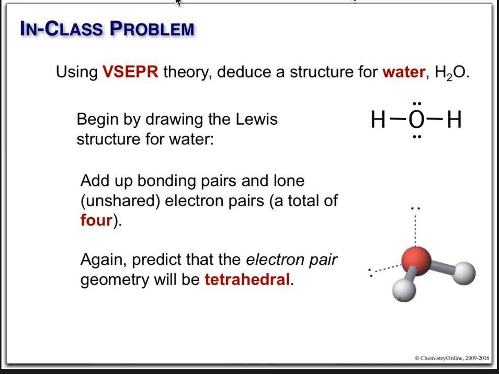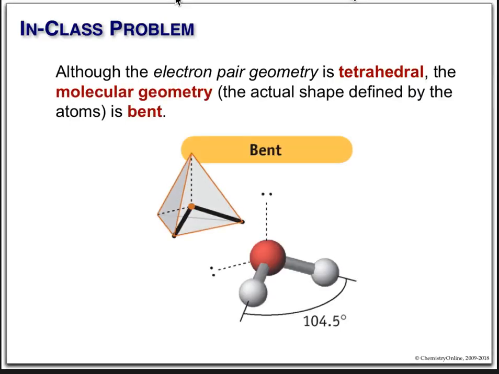This is 1, 2, 3, 4. If you couldn't see the electrons, you would just look at that and you would say, gee, it looks bent to me. And it is. It's called bent.